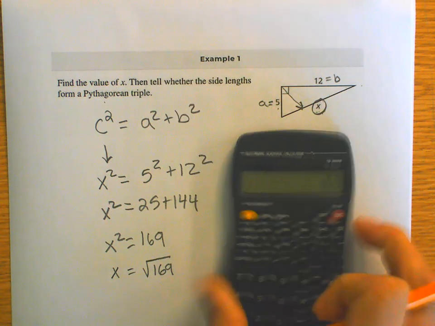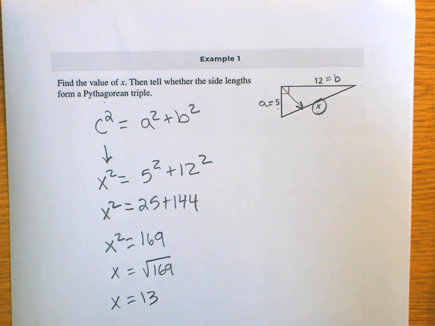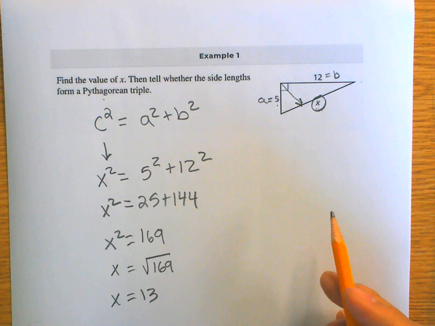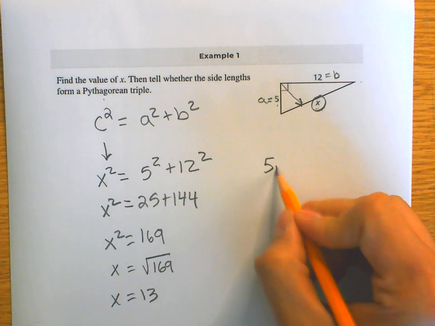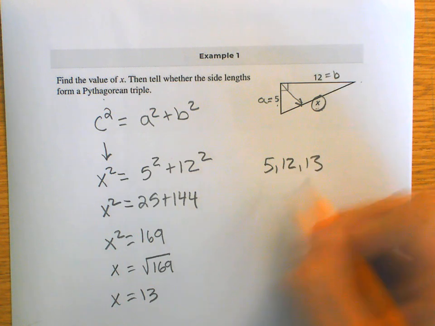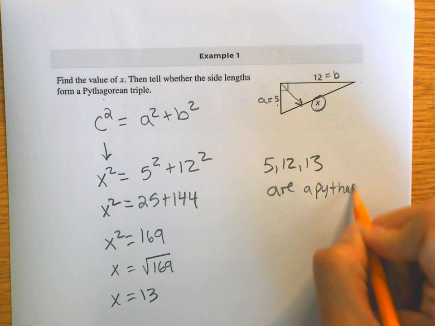In your calculator, if you have one of these, type in your 169 and then type in this key right there. In some calculators, you have to type in this key first and then type in the number. So know how to use your calculator. Now here, the square root of 169 happens to be 13. So 13 is an integer. Okay? So in this case, 5, 12, and 13 are a Pythagorean triple.